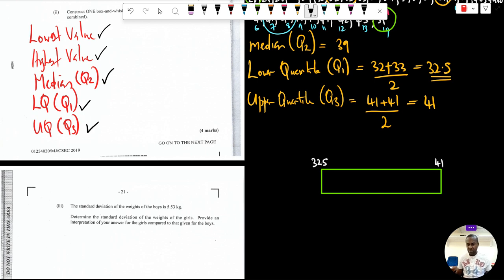And because you're drawing to scale, we must always make sure that the position of the median is correct relative to the other quartiles. What exactly does that mean? If you notice, the median is 39, and of course the lower quartile is 32.5, but the upper quartile is 41. So naturally we can see that the median is quite closer to the upper quartile than it is to the lower quartile.